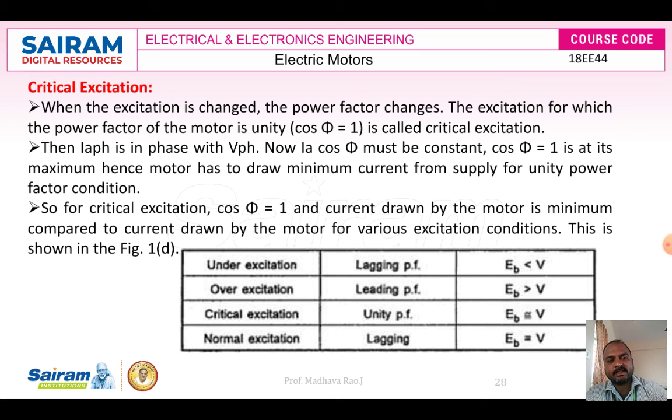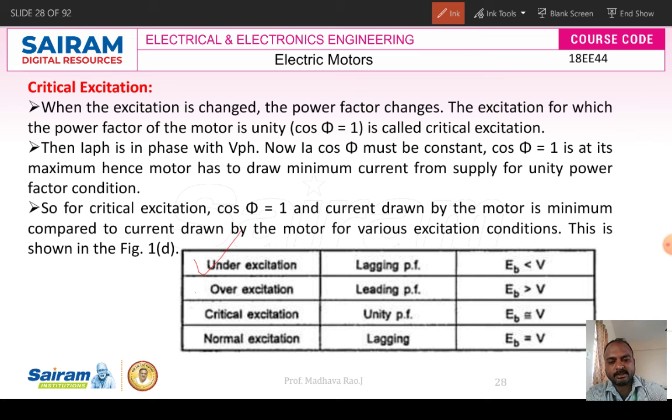For over excitation, power factor will be in leading nature, then induced EMF EB is greater than supply voltage V. For critical excitation, power factor will be equal to 1 or unity, induced EMF is equal to supply voltage V. Next one, for normal excitation, power factor will be in lagging nature, since the winding is inductive in nature.